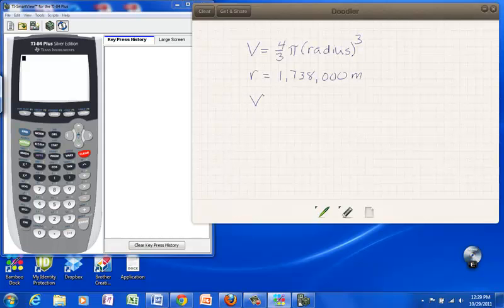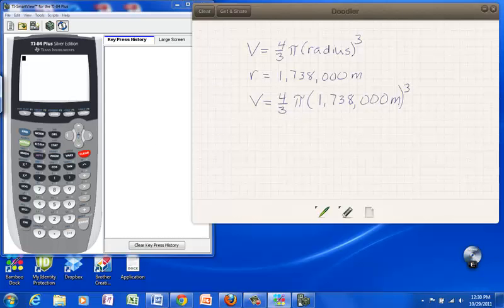So substituting that into my formula, looks like this. So I'm going to do all the calculations over there on the calculator.